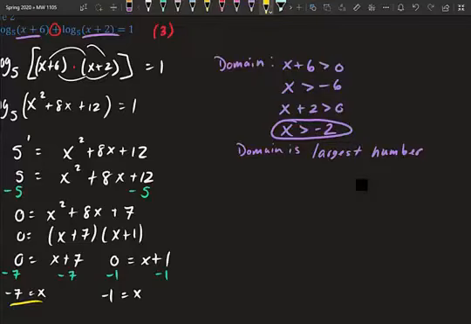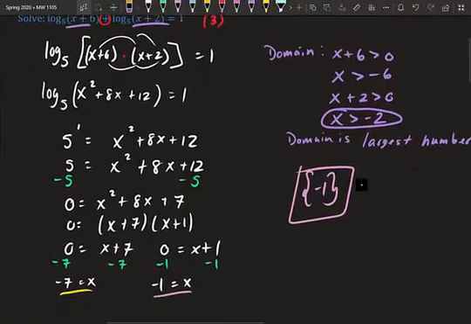So it's not a solution. And if we do negative 1, negative 1 is greater than negative 6, and negative 1 is greater than negative 2, so our only solution is negative 1. All right.